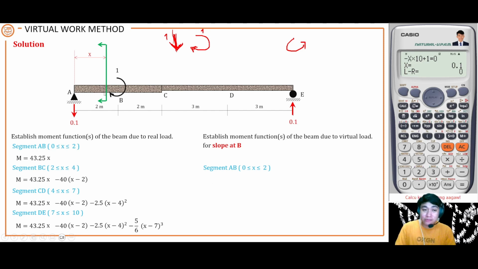Take a moment about that cutting section. We denote this as small letter m.